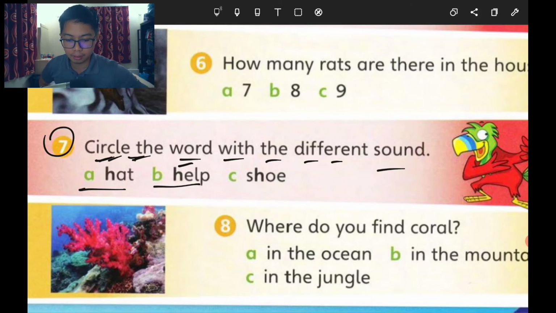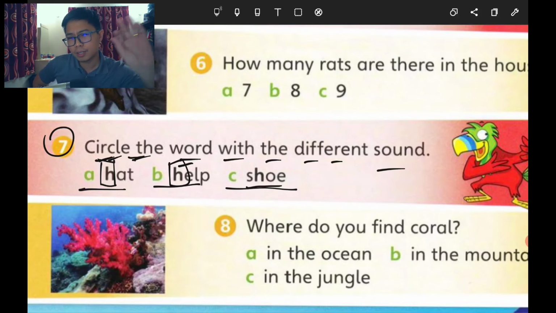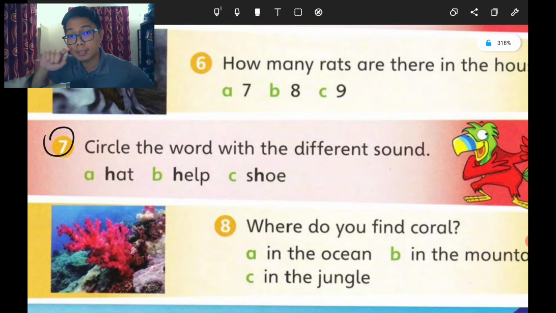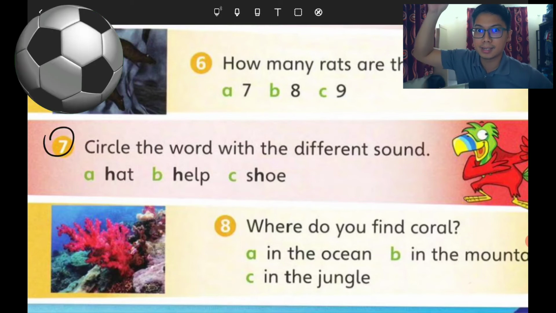Okay. The letter H. Hat, help, or C, shoe. Which one has the different sound, bunyi yang lain? So you have 10 seconds starting now.